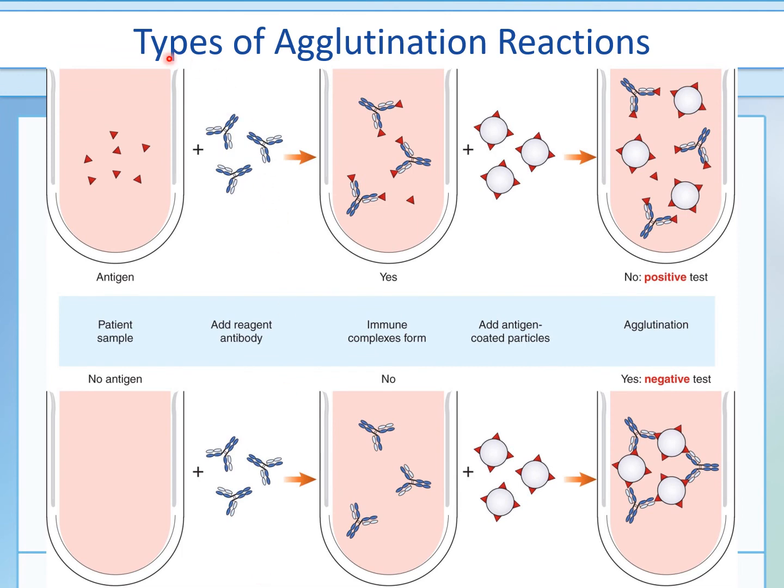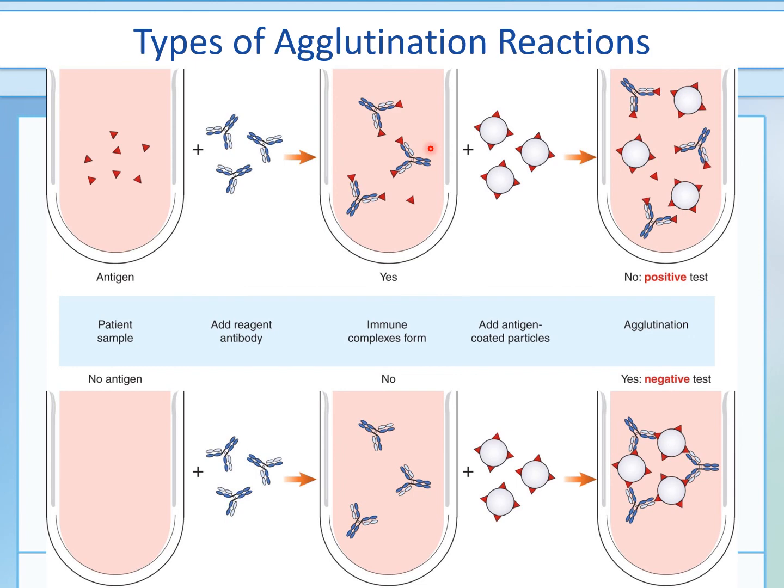These diagrams depict a positive and a negative inhibition reaction. So in the top example, reagent is added to the patient sample. If patient antigen is present, the antigen-antibody combination results.